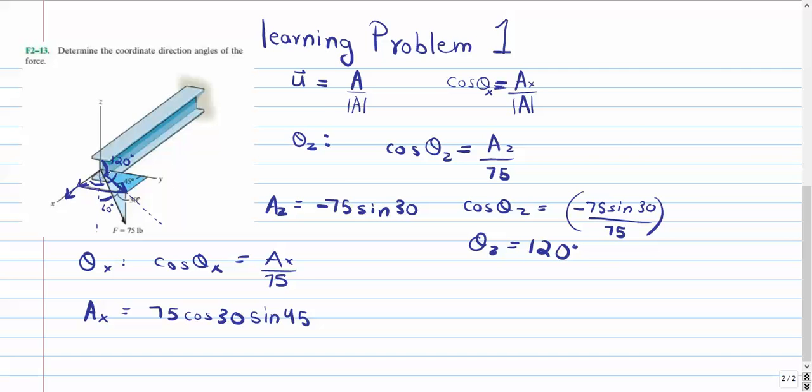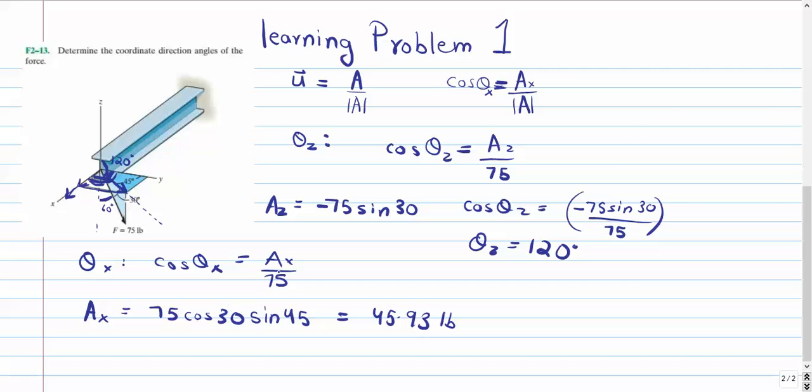Because this is 90 degrees and this angle is 45. So by doing sine of 45, I got my component along the x-axis, right? I could have also done cos of 45 since this acute angle inside this triangle is also 45 degrees, and by doing cos of 45, I would also have got the same component along the x-axis. So once we solve for this, the value that we get is 45.93 pounds.